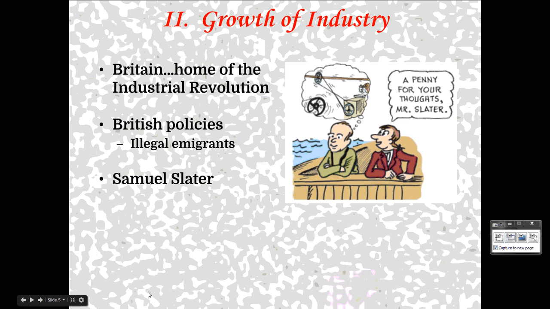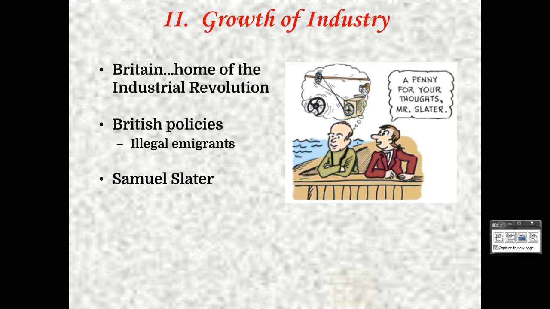When we talk about the growth of the Industrial Revolution in the United States, we start obviously with Great Britain, the home of the Industrial Revolution. In the late 1700s, early 1800s, the Industrial Revolution, of course, had started in Great Britain. Technologies that you talked about in world history too, the spinning jenny, that kind of thing, are all part of the textile revolution.